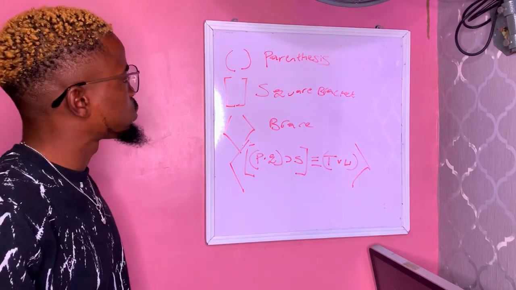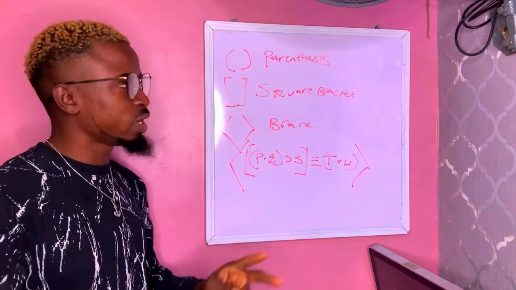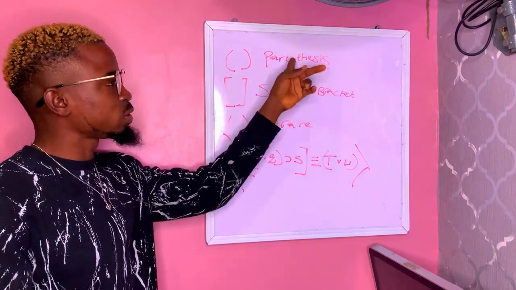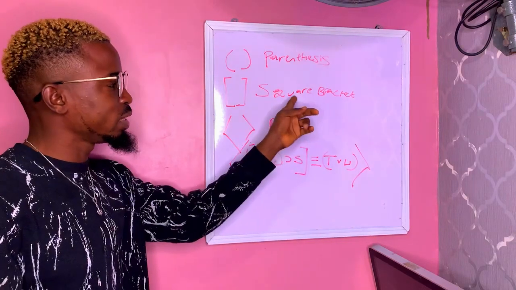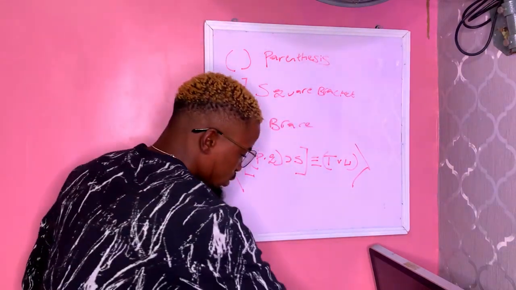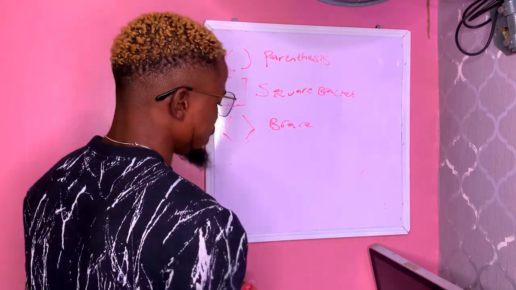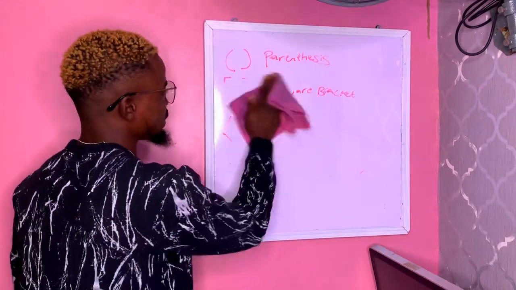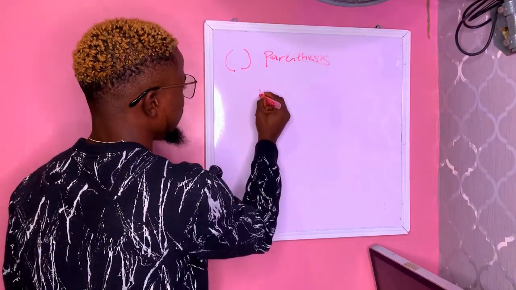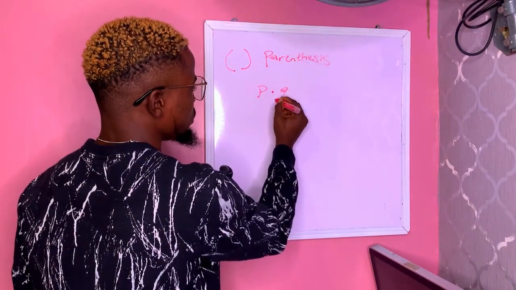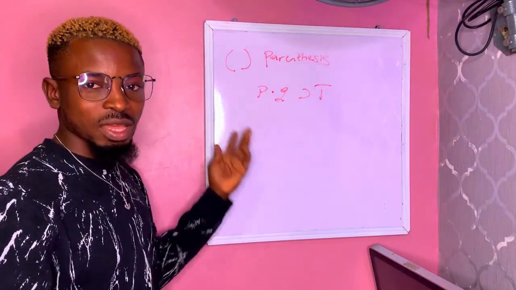So to recap again, parentheses are used to group just two variables together. Square brackets are used to group expressions that already contain parentheses, while braces are used to group expressions that already contain square brackets. Now, I was saying the other time, how are you going to know, when you are using parentheses, for instance, let's say we have P and Q implies T. This particular proposition can actually be interpreted in two ways.